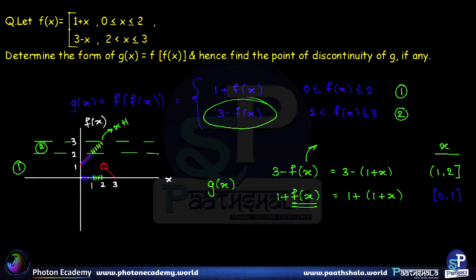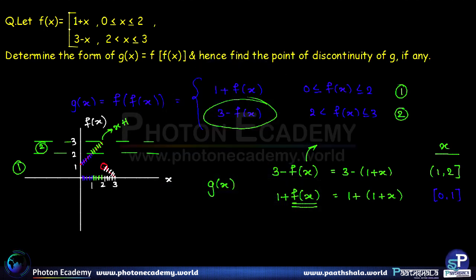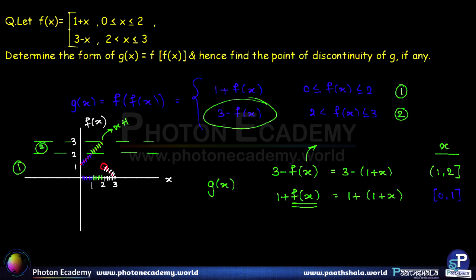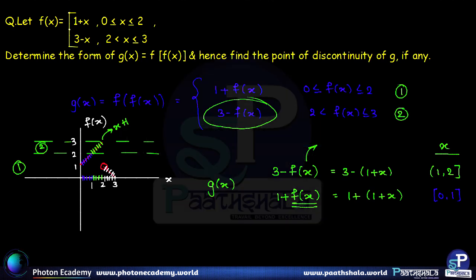So the next part is obviously this one, when f of x is between 0 and 1 and the corresponding values of x are 2 to 3. So when f of x is between 0 and 1, again this definition will apply because of this. But x is between 2 and 3, so this definition will apply for f of x.